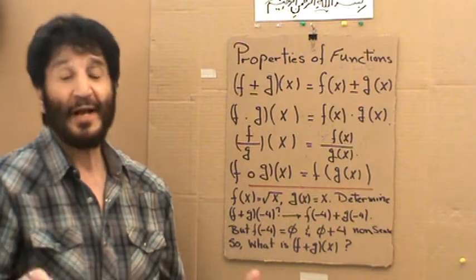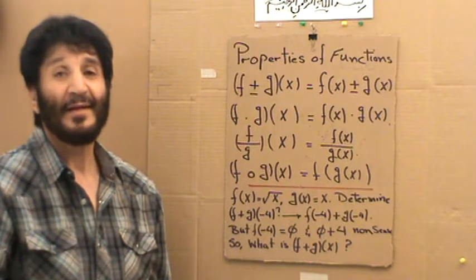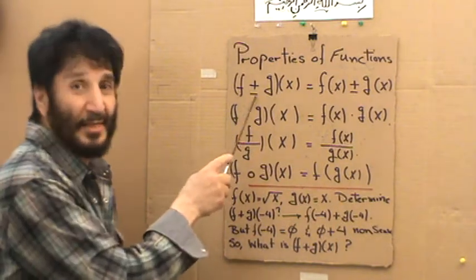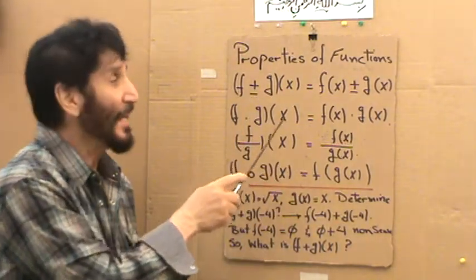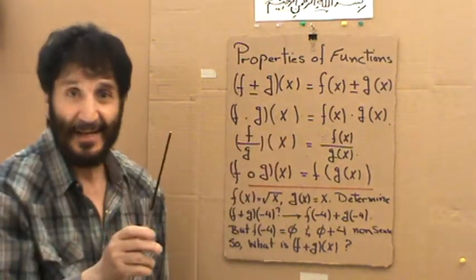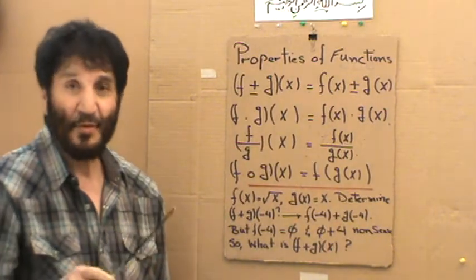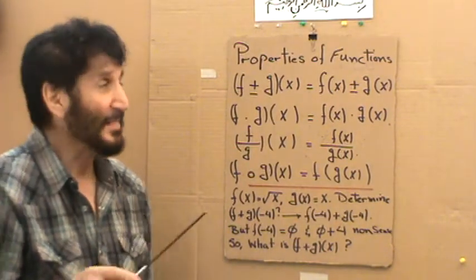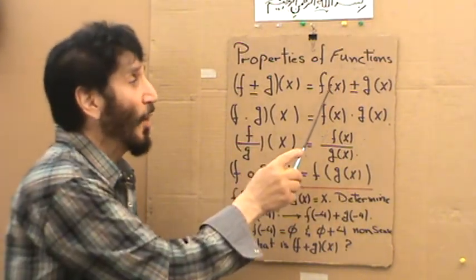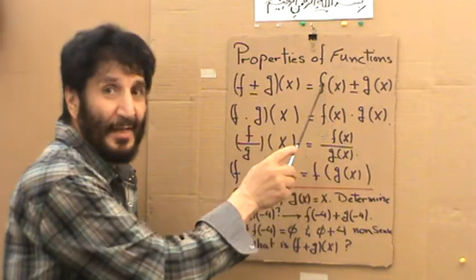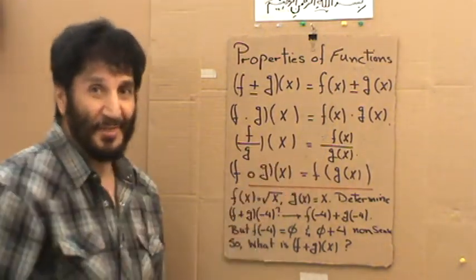And the domain of this, in order for it to be well defined, is the intersection. We know the concept of intersection in sets: the intersection of the domain of f and the domain of g.